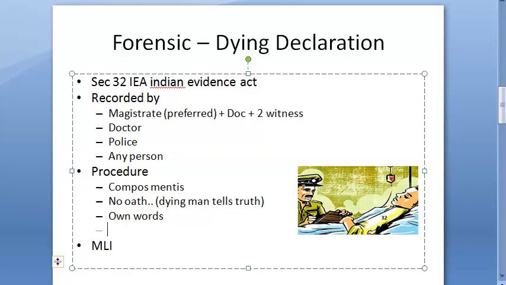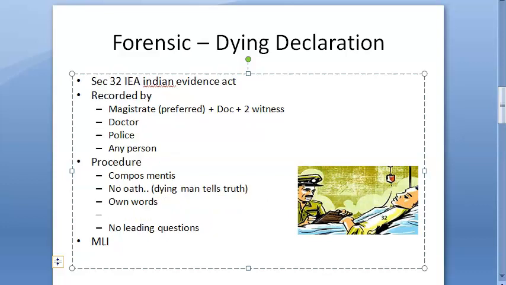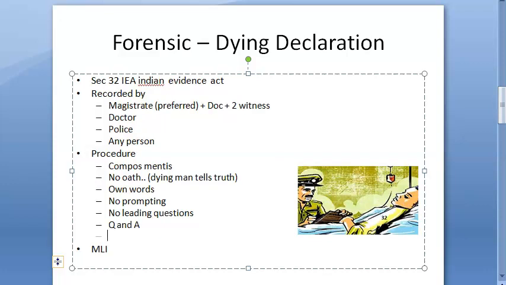You should not prompt, nobody should assist. No leading questions should be asked. The actual question asked and the answer should both be recorded.